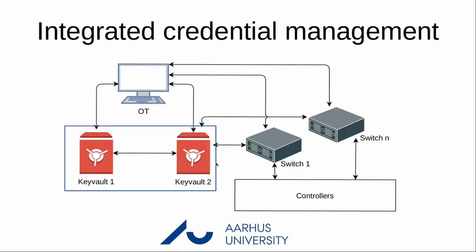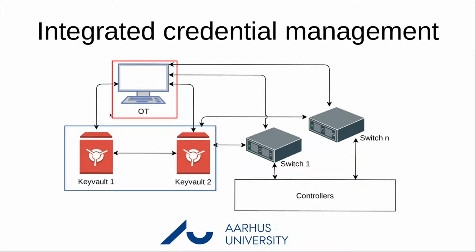This is by issuing tokens, access tokens, and access tickets that we get into a little bit later. Then there is an OT, which is short for an operation terminal. The operation terminal is what the user would use to actually interact with the system.